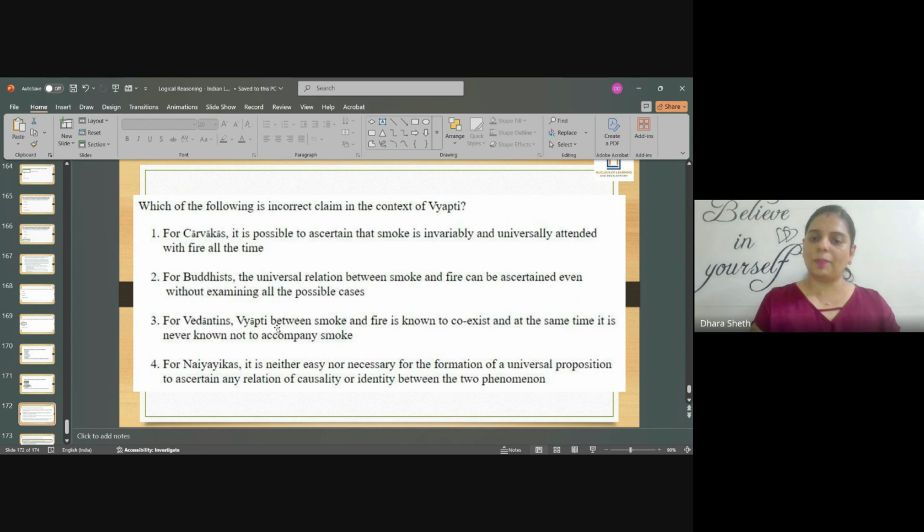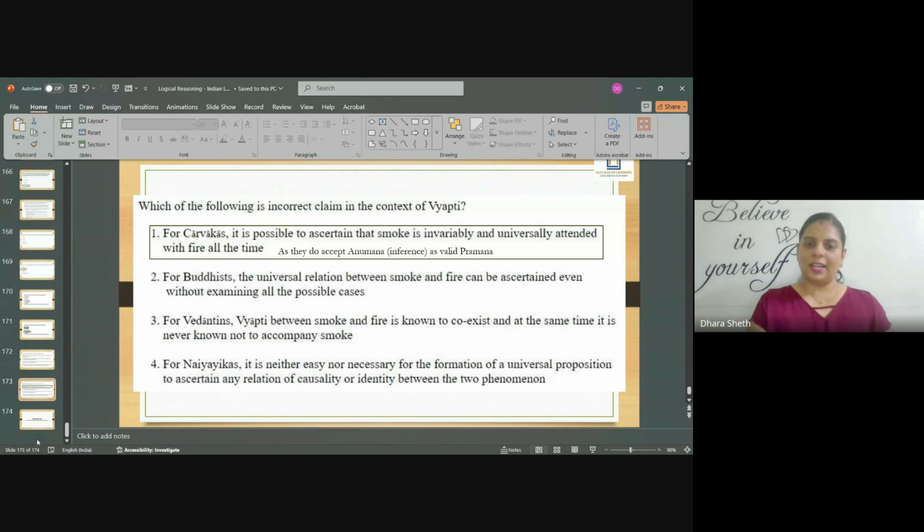For Vedantins, vyapti between smoke and fire is known to coexist and is never known to fail. Why? Because they believe in anuman. Same for Nyaya Shastra also. It is neither easy nor necessary for the formation of a universal proposition to ascertain any relation of causality or identity between two phenomena. So that's the answer. Charvak do not accept anuman as a valid praman.